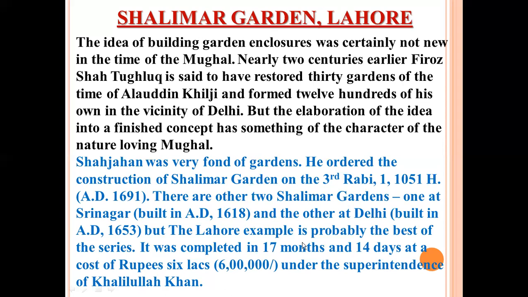But the Lahore example is probably the best of the cities, and we can say there are three Shalimar Gardens: one in Jammu Kashmir, second in Delhi, and the third one in Lahore. It was completed in 17 months and 14 days at a cost of rupees 6 lakh under the superintendence of Khalilullah Khan.